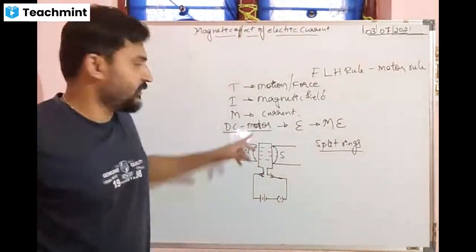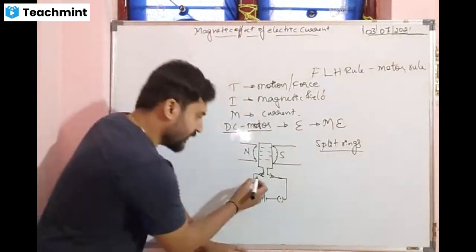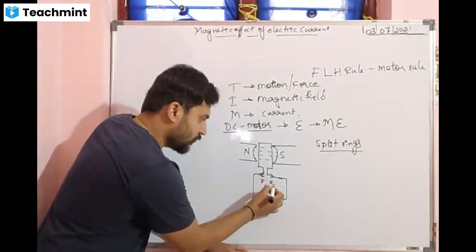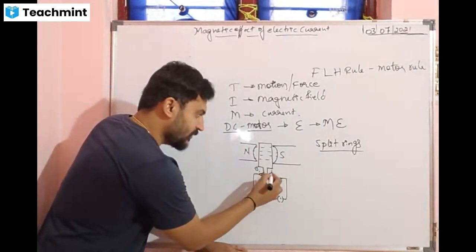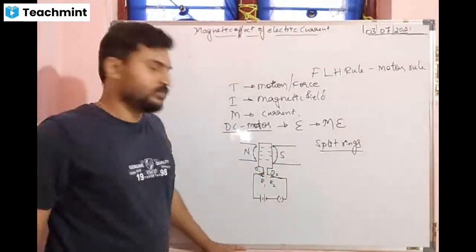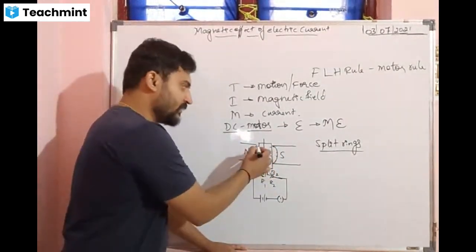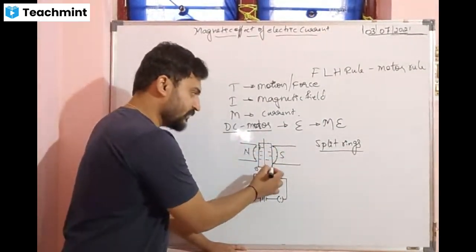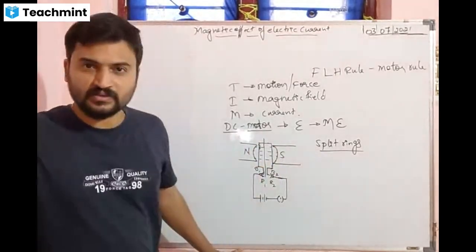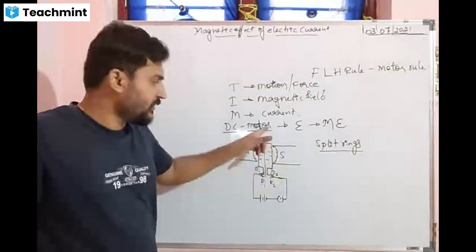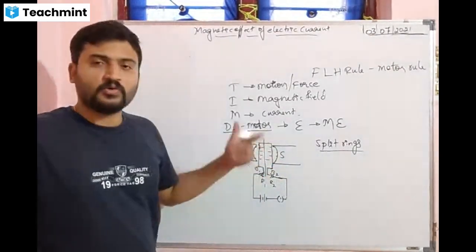This is the diagram of a DC motor. Here we have R1, R2, brushes B1, B2, and this is called the axle. This whole setup is called the armature. Yesterday I told you about the armature, axle, and the rotating axle.